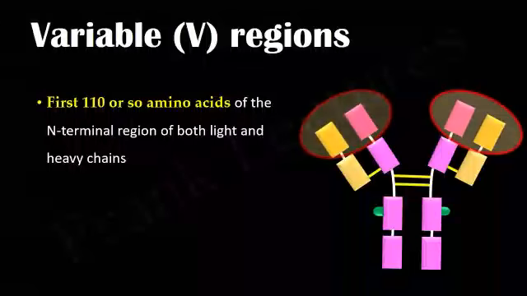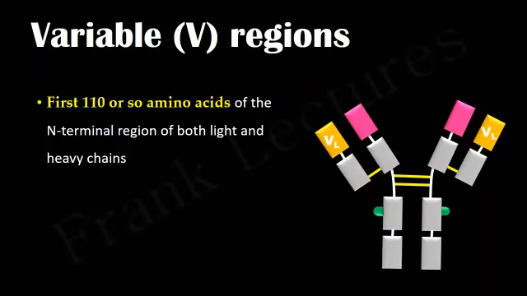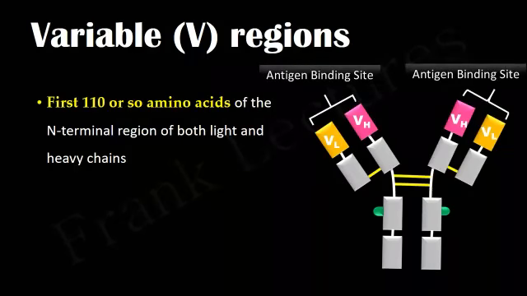These regions are designated as VL in each light chain and VH in each heavy chain. It is the variable region of a light chain and a heavy chain which together form the antigen binding site. So, there are 2 antigen binding sites in a core antibody molecule.